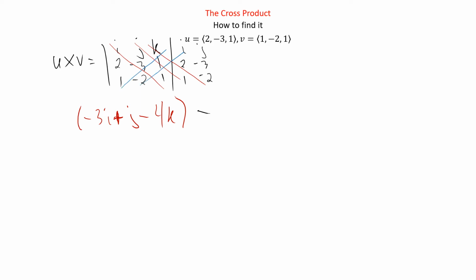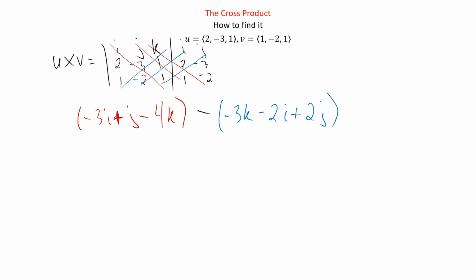Let's go this way now. We have 1 times negative 3 is negative 3k. Negative 2 times 1 is minus 2i. And 1 times 2 is 2j.